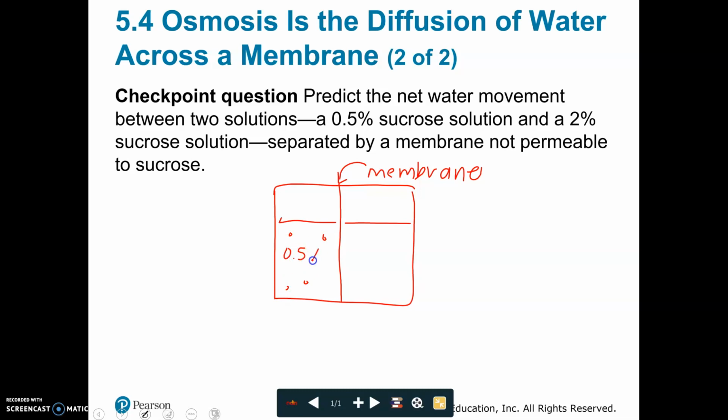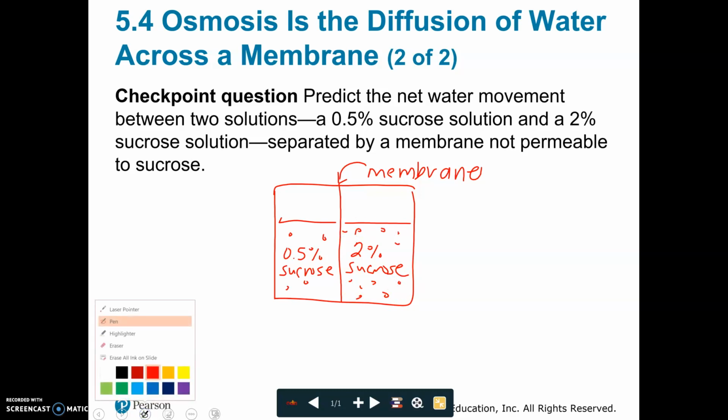So we're going to pretend like the sucrose cannot pass. So this is the 0.5% sucrose, and this on the other side is going to be our 2% sucrose. But we're pretending like, just like how the starch couldn't pass in our lab, we're pretending like the sucrose can't pass. So this has a higher concentration of sucrose. Now, if sucrose could pass, we know that sucrose would go this way.